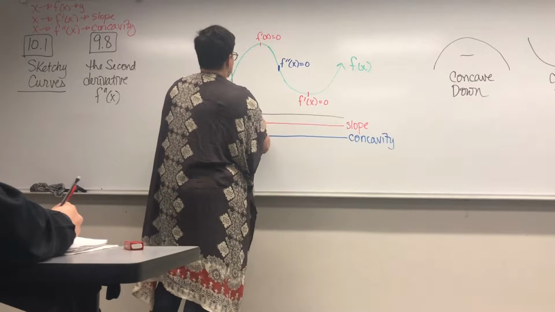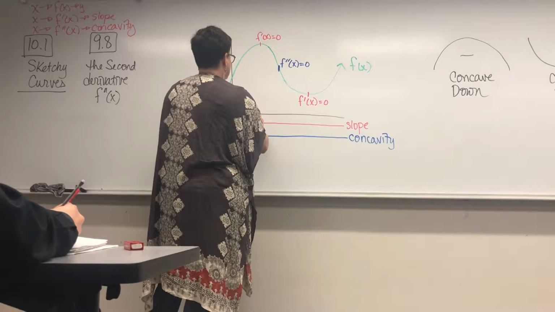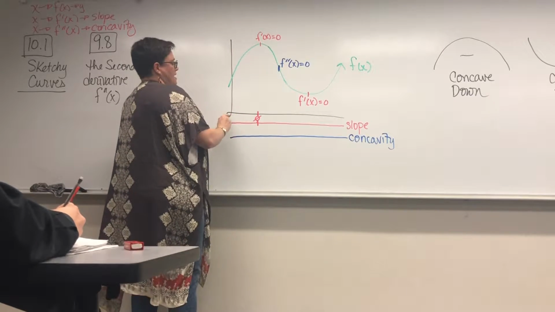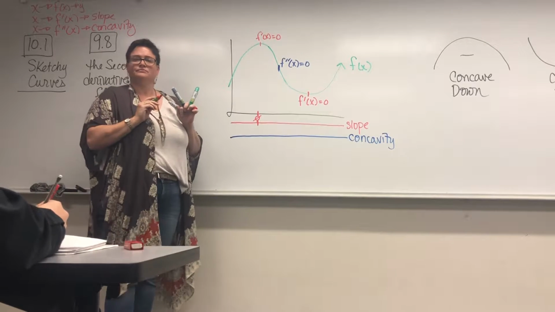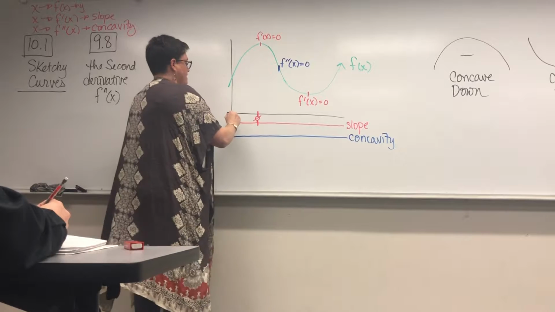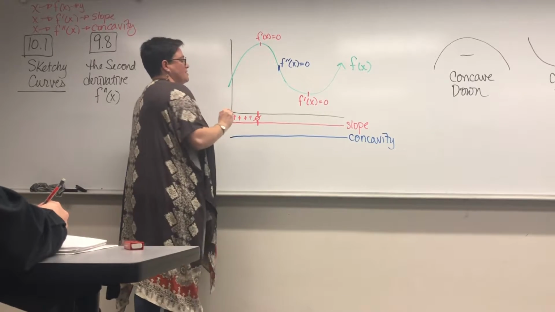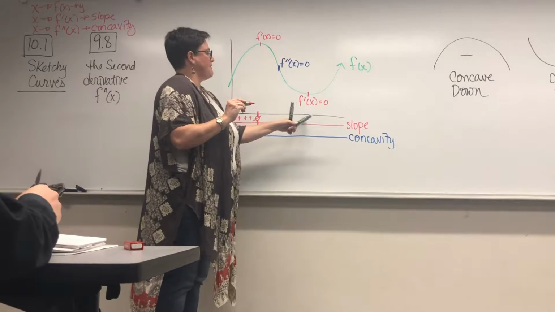The slope is 0 here at this x, so I have a 0 slope here. What kind of slope do I have in this region on the original function? Yeah, it's positive, it's growing, right? So I'm just going to label that positive slope. What kind of slope do I have in this region?